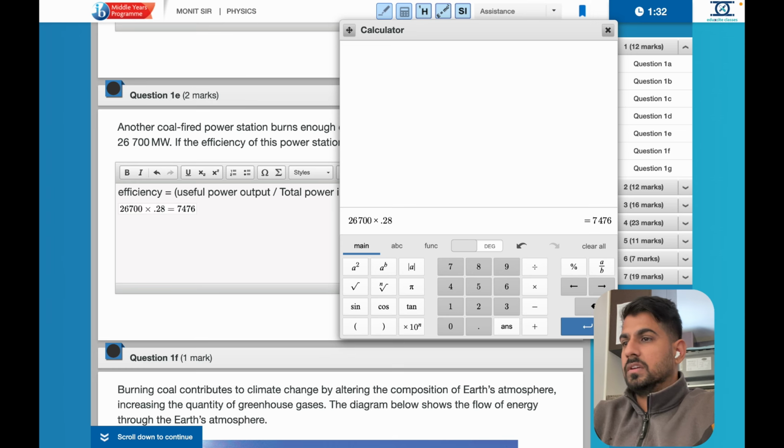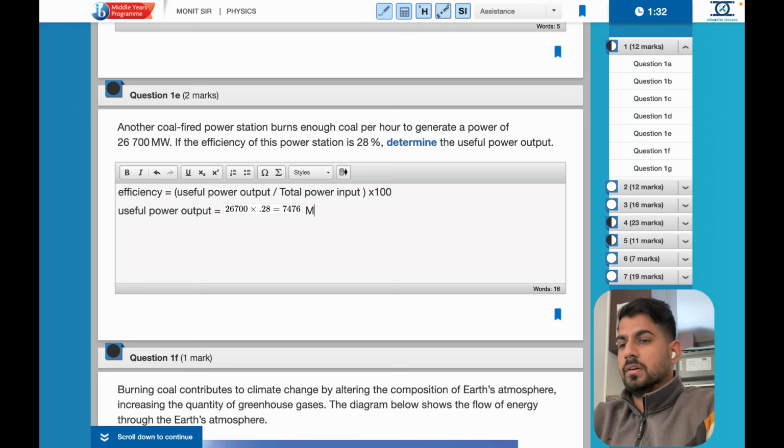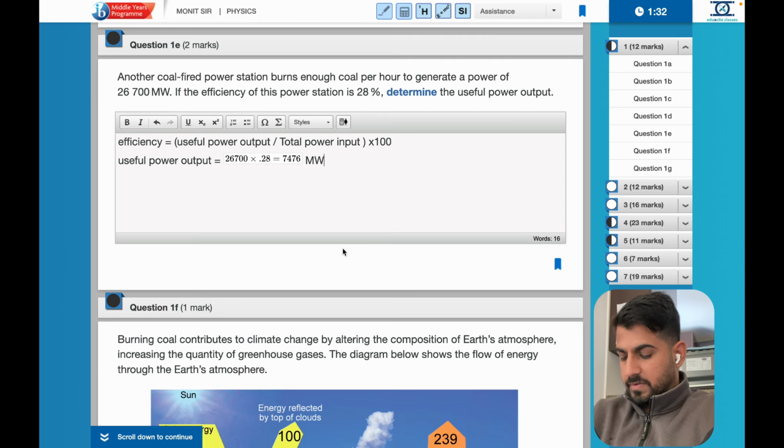You can just write it down that the total useful power output is equal to this much in megawatts. Okay, so that will be your final answer.